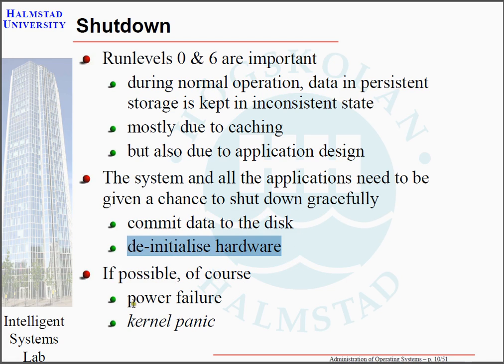Now, it's not always possible in case of power failure or a so-called kernel panic. When there is a problem within the kernel, the system will just shut down because there is nothing that can be done about it. But those kinds of cases should be minimized. So it's important that when you want to shut down the system, you go to either run level 0 or run level 6, and there are commands reboot, shutdown, halt, and so on, which can do this.